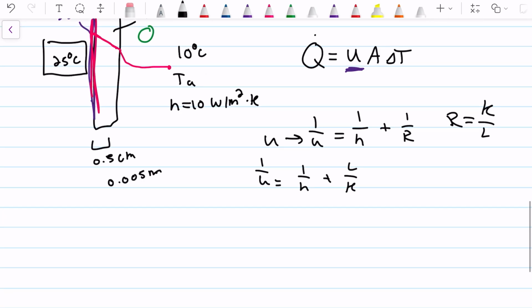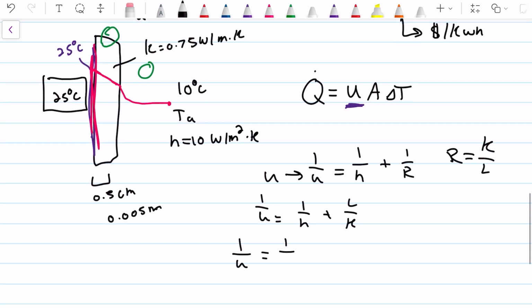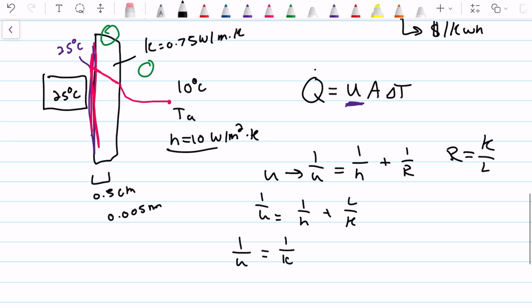We happen to know all those values for our situation. So 1 over U equals 1 over, what was H? 10 plus the length is 0.005. And then K, they told us, is 0.75. Let's do units on this too. Okay.